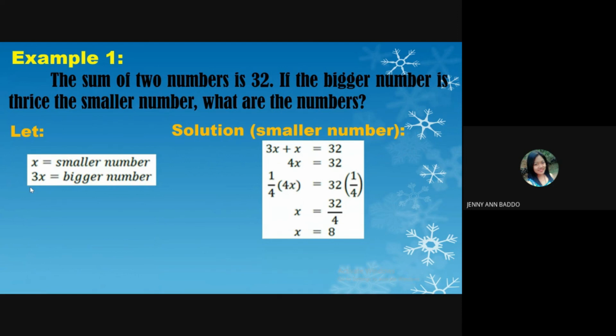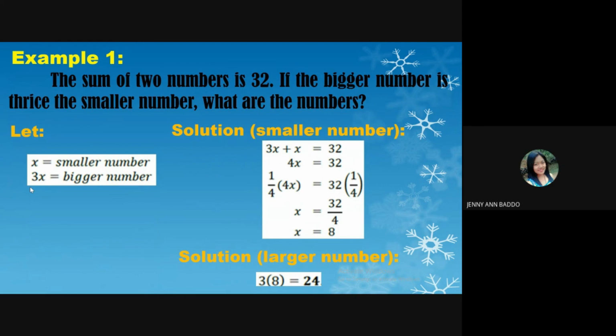And dividing both sides by 4, we have x equals 8. Now, for the larger number, we have 3x. So, by substitution, we have 3 times 8, and that is 24. Therefore, the smaller number is 8, and the bigger number is 24.